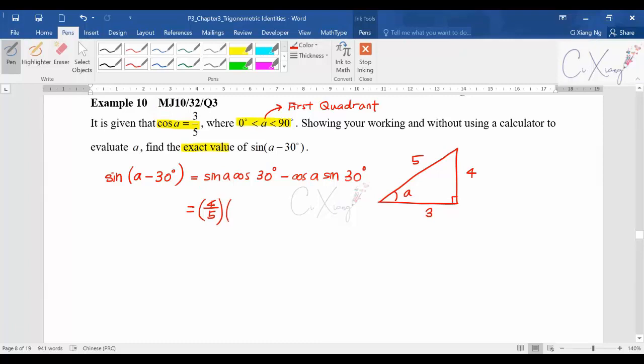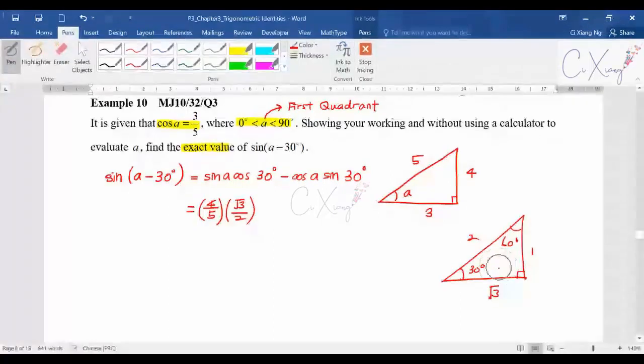What's the value for cos 30? For cos 30, it should be square root 3 over 2. In case you don't know how to sketch it, I'm having 30 degrees here. This is 1, 2, this is square root 3, and this is 60. This triangle is something you should memorize. Then minus cos A sin 30.